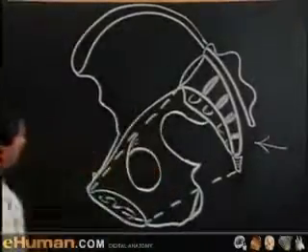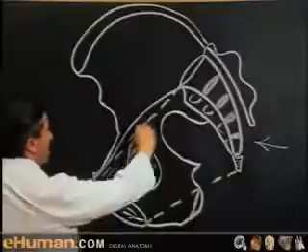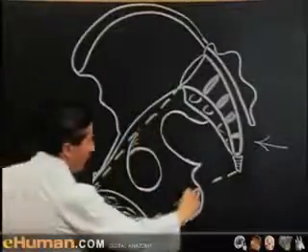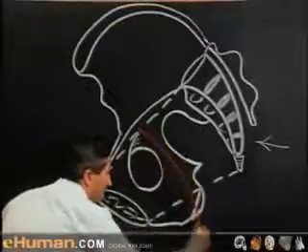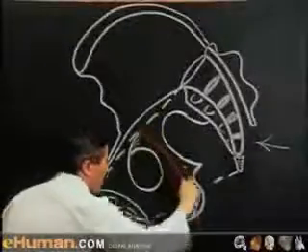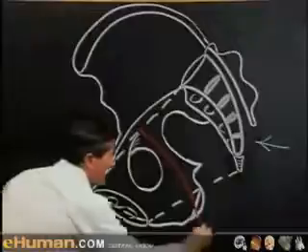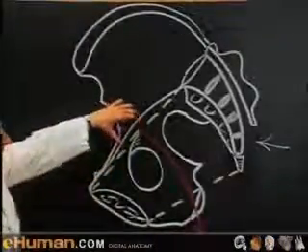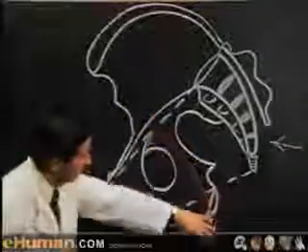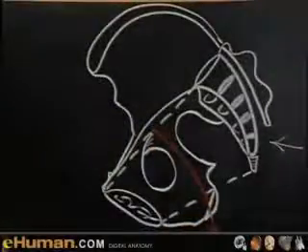Now if we take the midpoints of these lines and draw a curved line here, this indicates the axis of the pelvis. And by that I mean the path taken by the head of the fetus as it descends through the pelvis.